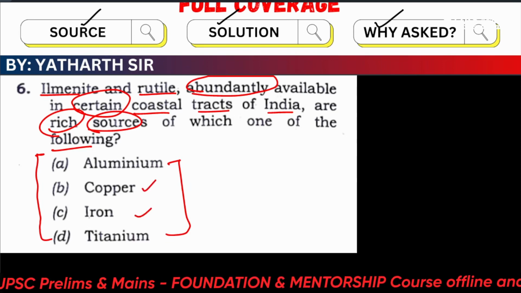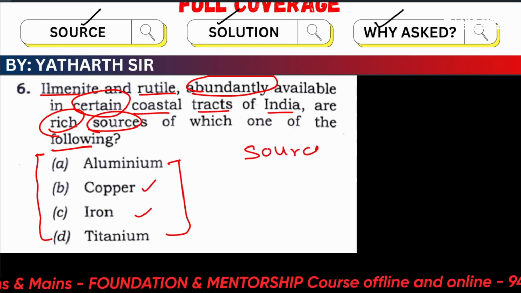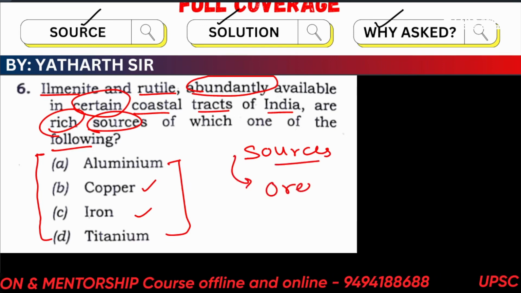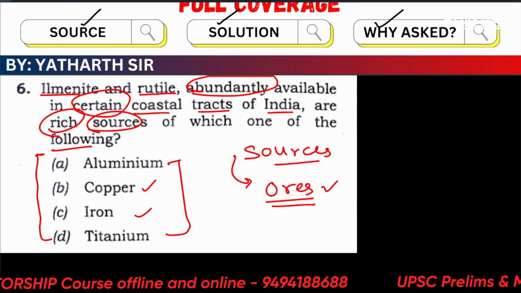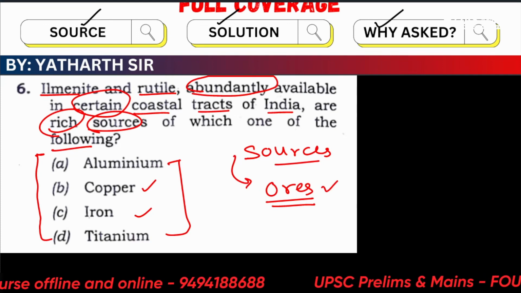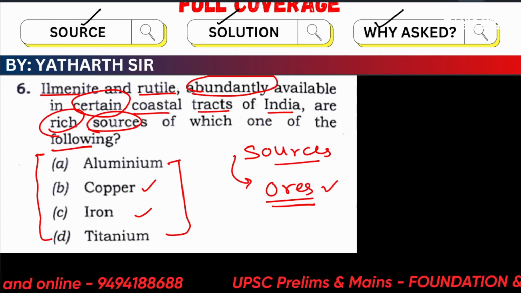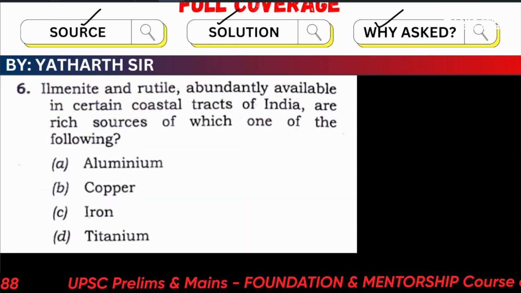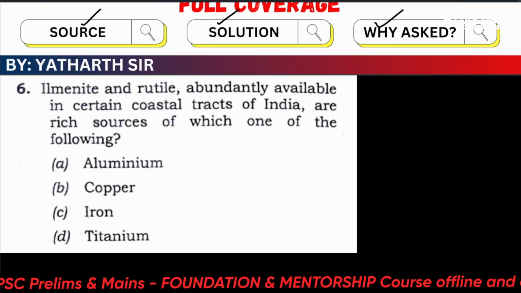The sources from where metals or minerals are obtained, they are ores. So it's specifically saying that these ores get us which of these minerals. Alright, so let's focus on the question.